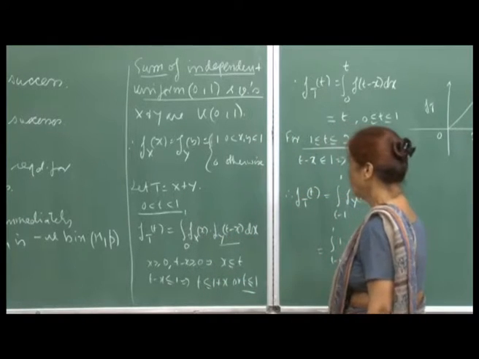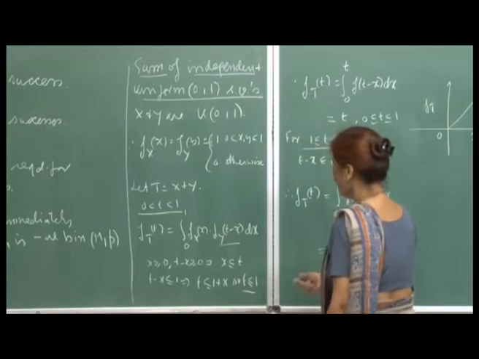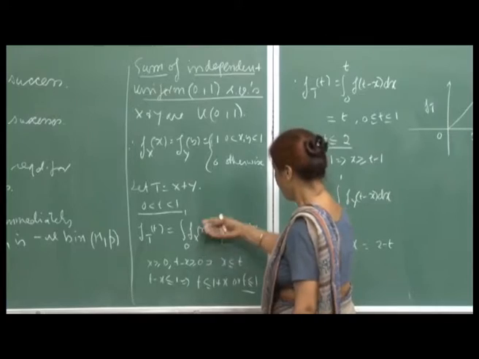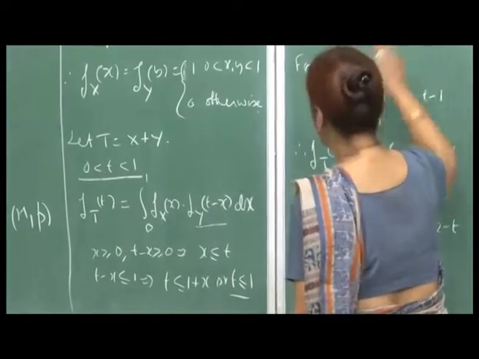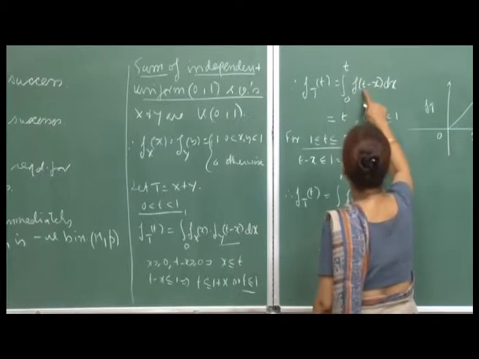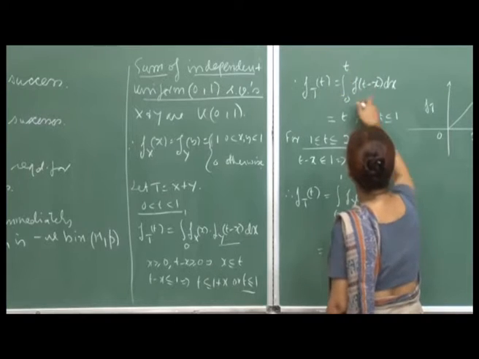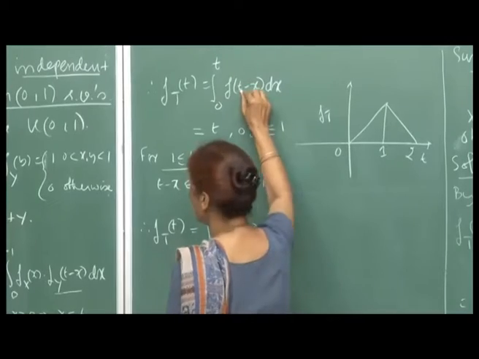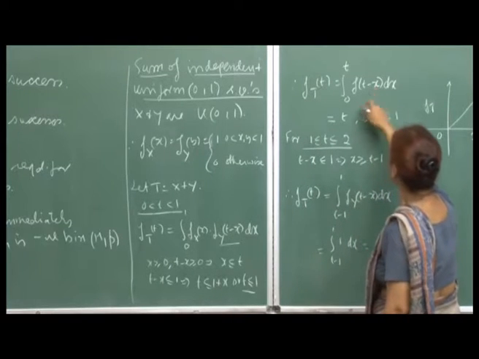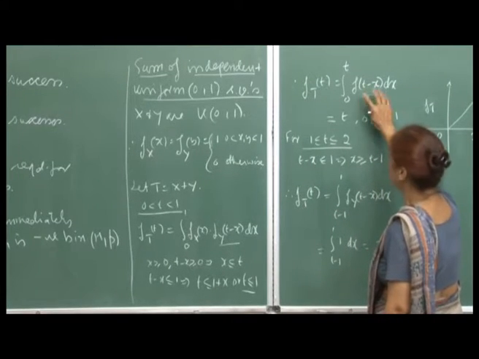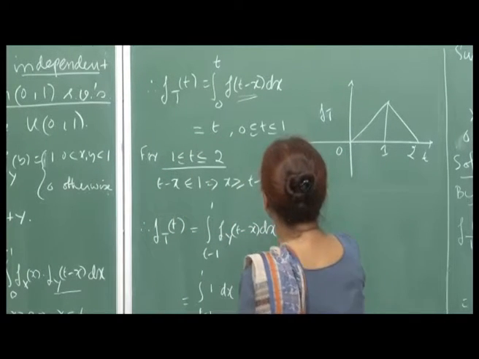Then your x can vary from 0 to 1. Right now I am writing the integral this way, but since x is non-negative and between 0 and 1, this is 1. Therefore, this will reduce to simply the integral from 0 to t of f(t minus x) dx. Now, when x varies from 0 to t, this is also well defined and within the range of values for y, and therefore this also is 1.